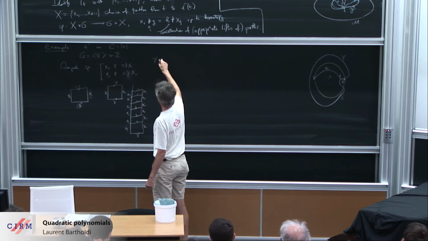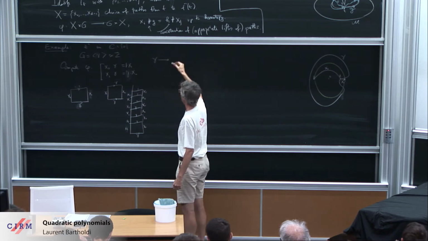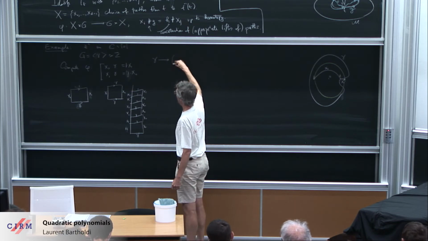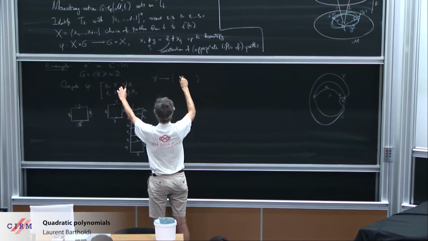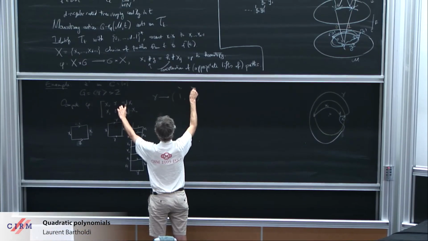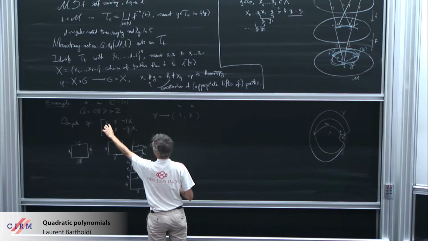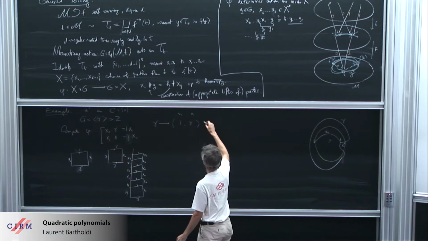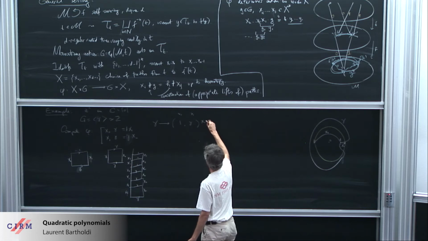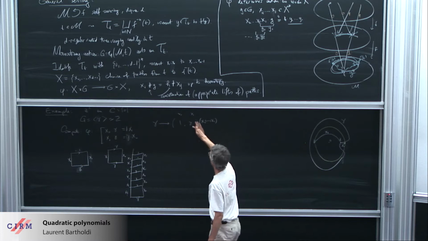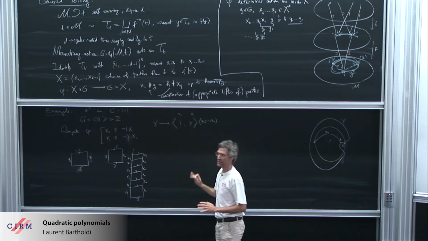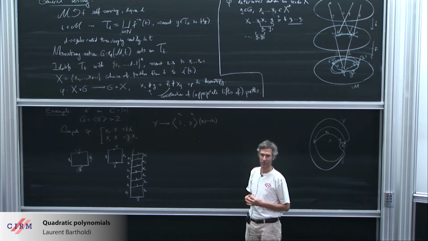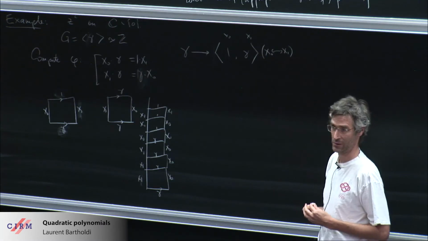So alternately, we can say that gamma gives the pair of elements that I get here. This is coded x0, this is x1. And I have to remember what happens to the symbols themselves, so we'll say that x0 and x1 are exchanged. This is exactly the same data, just written with different symbols.